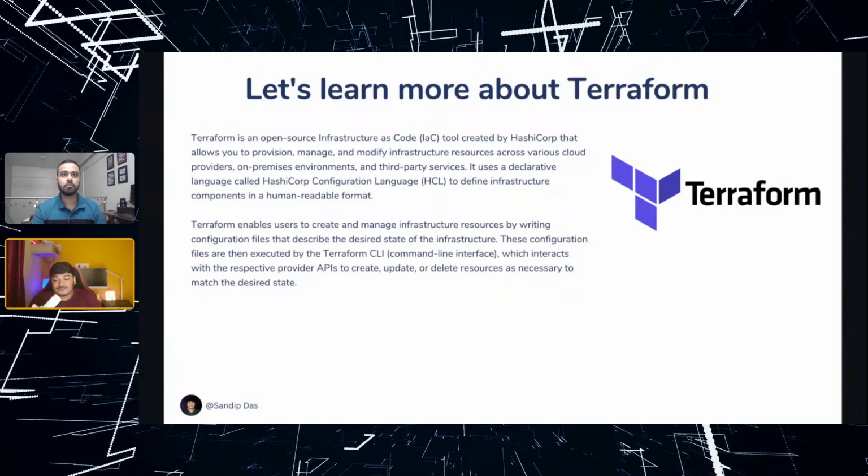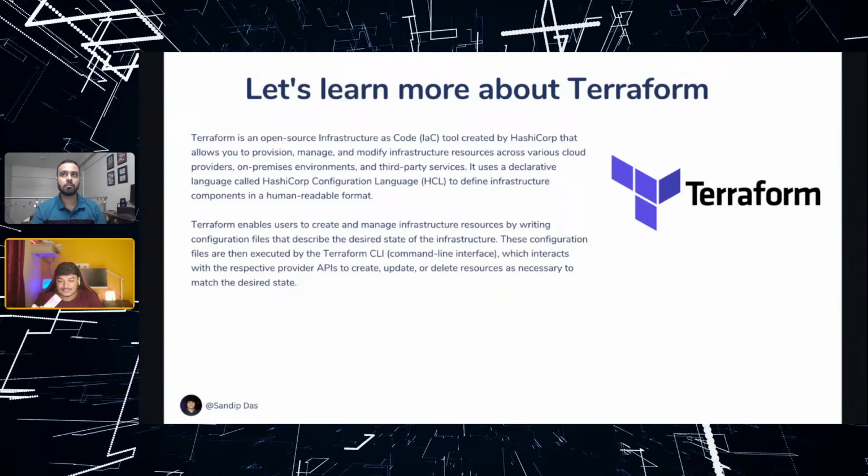Now, Terraform enables users to create and manage infrastructure resources by writing configuration files that describe the desired state of the infrastructure. So what ultimately you're writing is what you want, what you expect, or what resources you expect to be created, or maybe modifications that you define, and Terraform helps you achieve that.